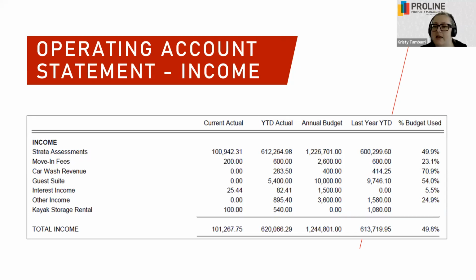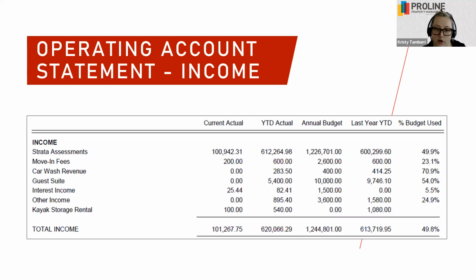And then lastly, the furthest column on the right-hand side is the percentage of budget used. This breaks down by percentage, so you have a good sense of exactly where you're at within your fiscal year in terms of budget.